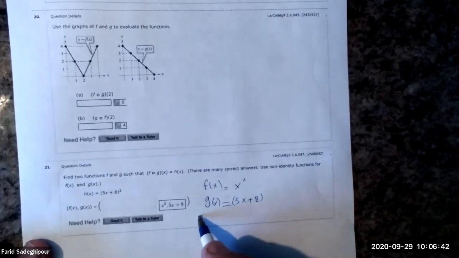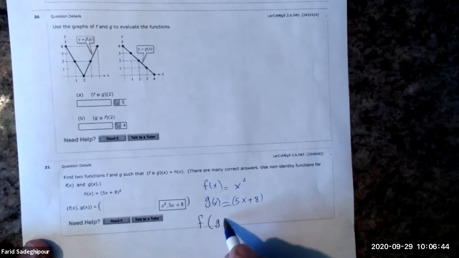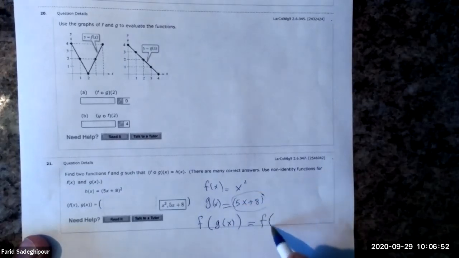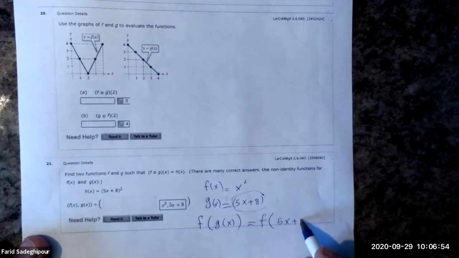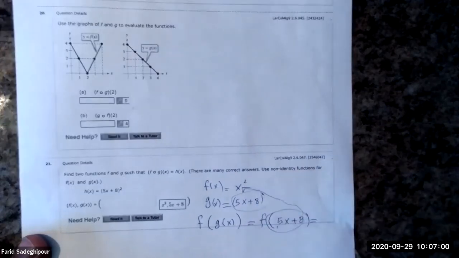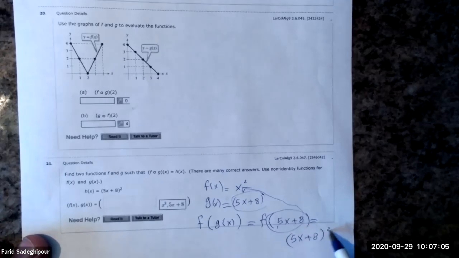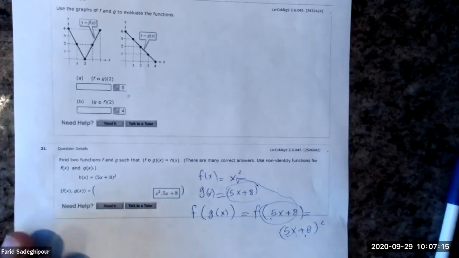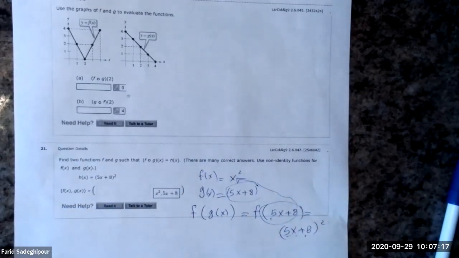So what is f of g of x? f of g of x means take this one and insert it into f. Take this and insert it into that. That's why you have this. So they want you to find those two functions. We come up with these answers. It's like they give you the composite function and want you to find each of those functions. Okay? So that would be the end of this section.